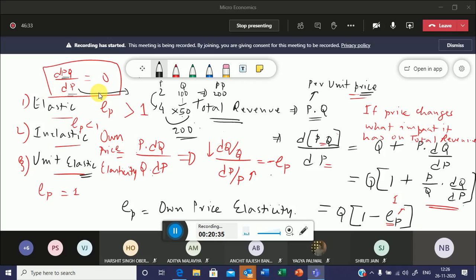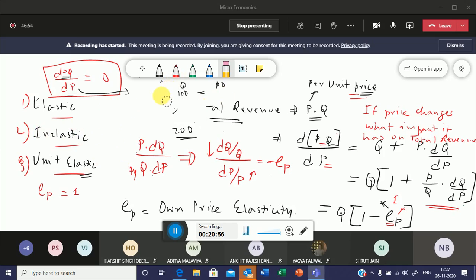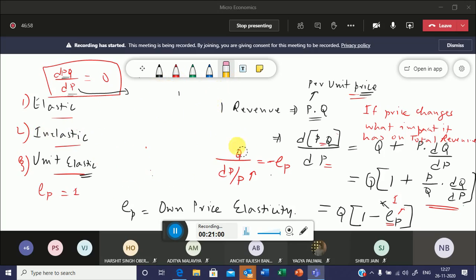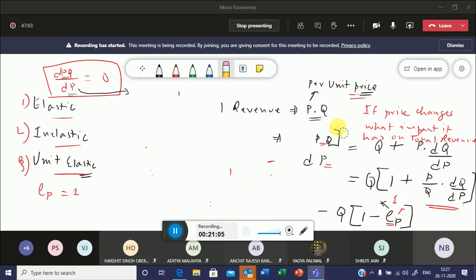Now try to think what happens if this is elastic. Elastic means this is greater than 1. If it is greater than 1, then what happens? For unit elastic, we have seen that there is no change in total revenue. But suppose that this is now greater than 1, then what happens?